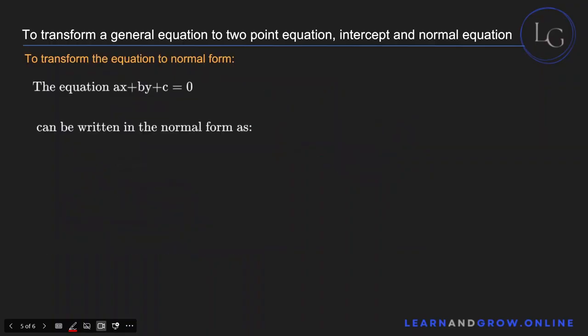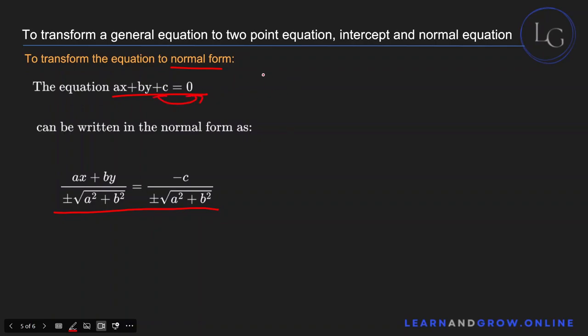Now, let's see how to transform the equation to the normal form. This equation can be written in the normal form in this way. All you need to do is take this plus c to the right hand side, which will eventually leave you with ax plus by is equal to negative c.